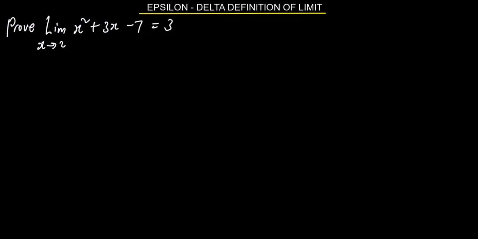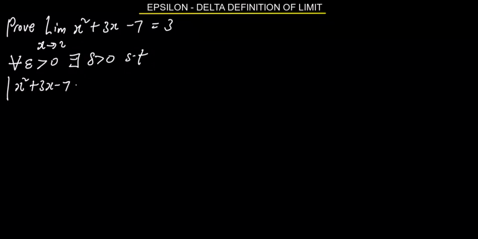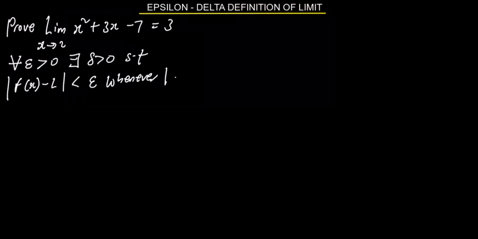So remember that before we can prove, you have to define that for all epsilon greater than 0, there exists delta greater than 0 such that the absolute value of your f of x, which is x squared plus 3x minus 7, then minus your L, is less than epsilon whenever the absolute value of x minus a is less than delta.